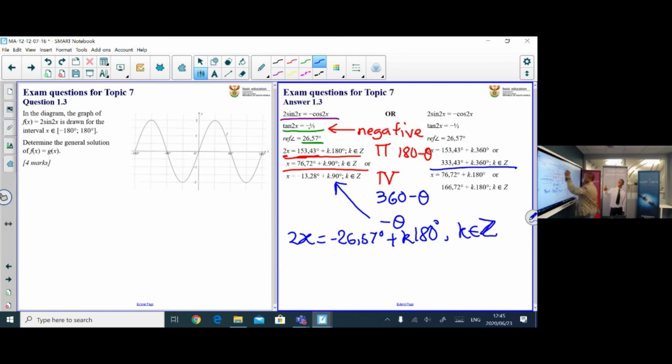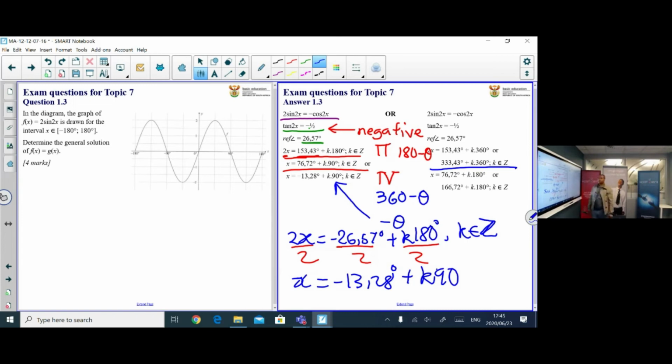So you need to remove this 2. That's where you get to your negative 13.28 plus k 90, like that. Okay, so that's quite interesting.